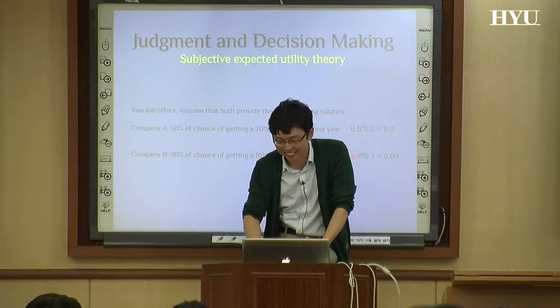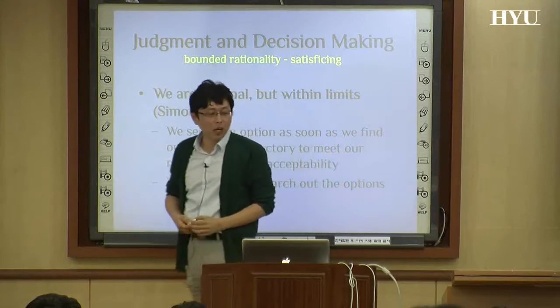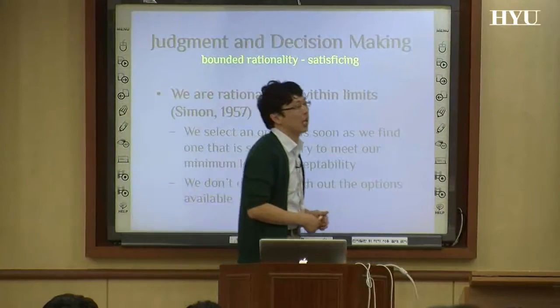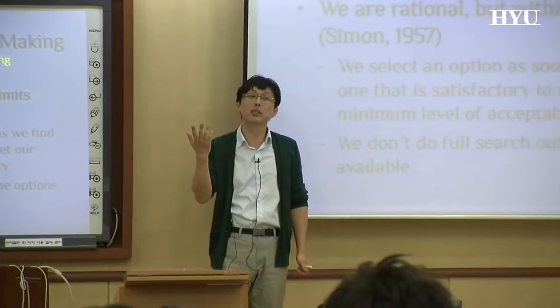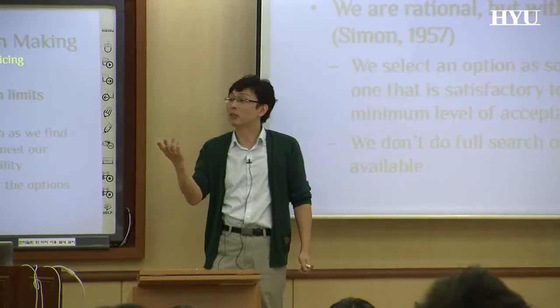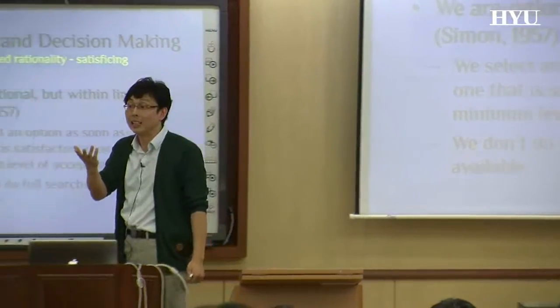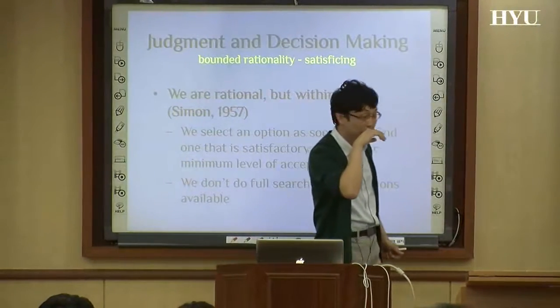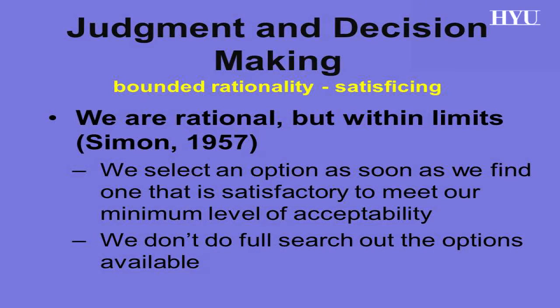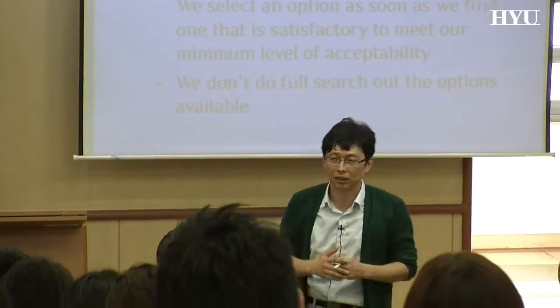Herbert Simon. Herbert Simon, what is he known for? GPS, right? General Problem Solver, and AI. He also took the Nobel Prize for economics. Simon, 1957: we seem to be rational, but pretty much bounded.